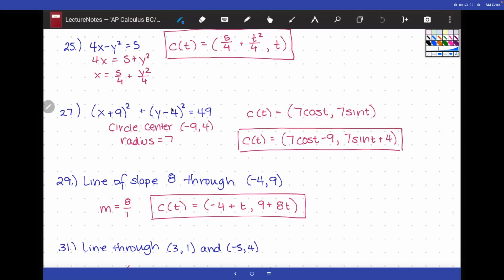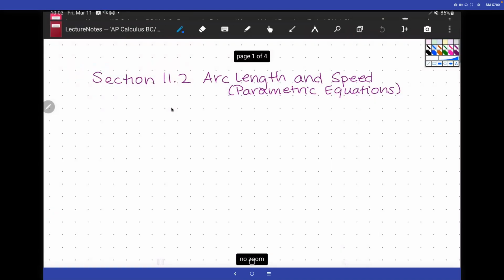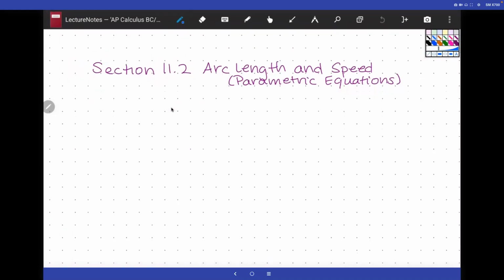All right, we're sticking with parametric equations today. Oh wait, there's more.